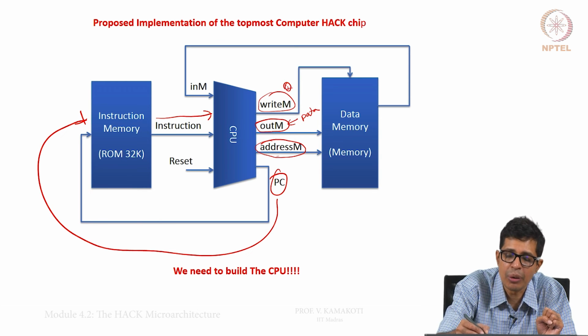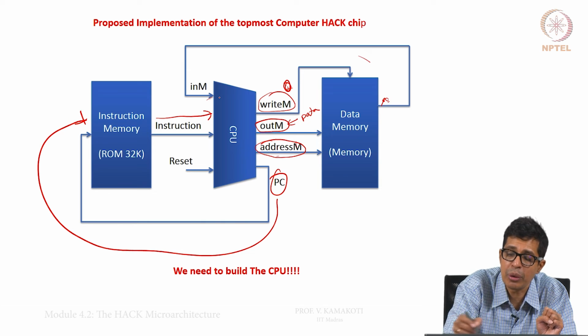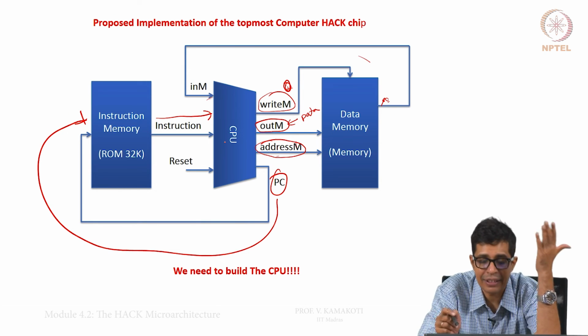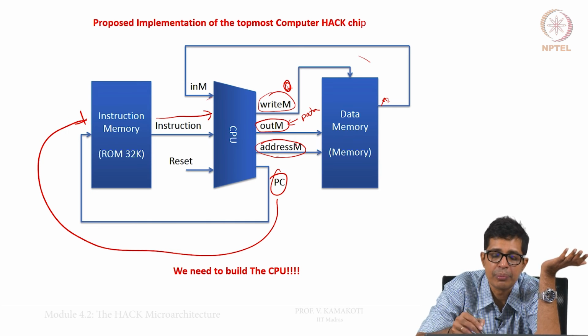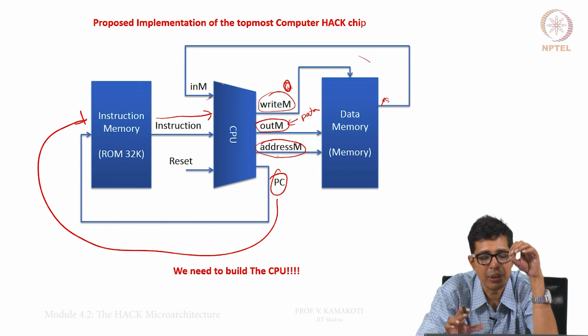If write m is 0, then out m is not used, it is a do not care, and you read from address m. The output of the data memory comes back to the CPU, so when the CPU reads some value from memory, it comes from this part. This is how the data memory, instruction memory and the CPU work.